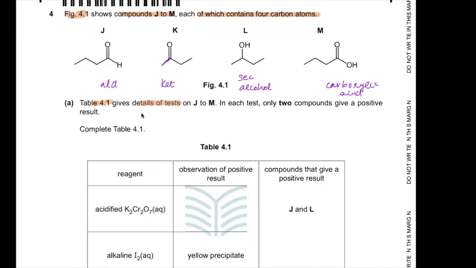Table 4.1 gives details of tests on J, K, L and M. In each test, only 2 compounds give a positive result. Complete table 4.1.